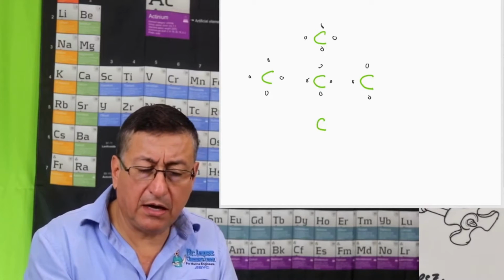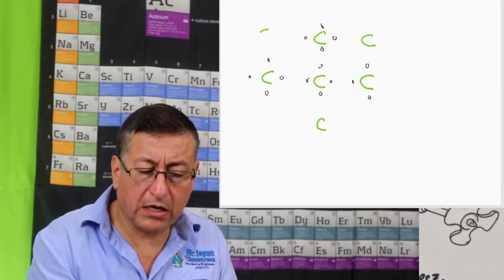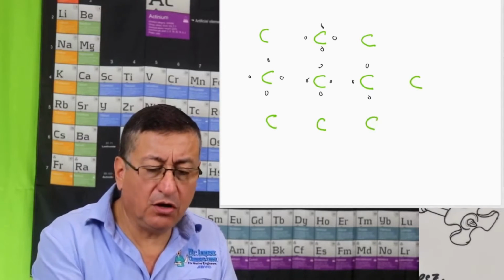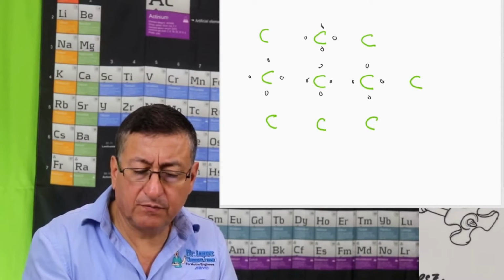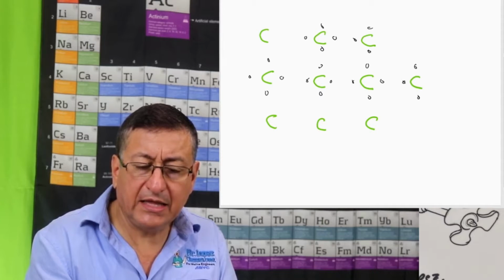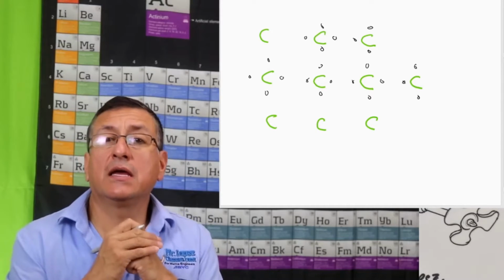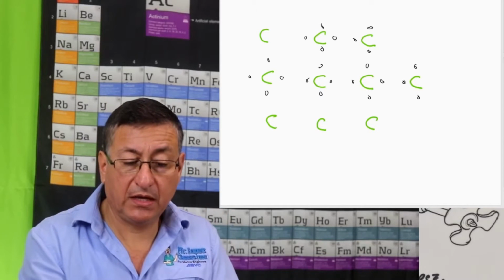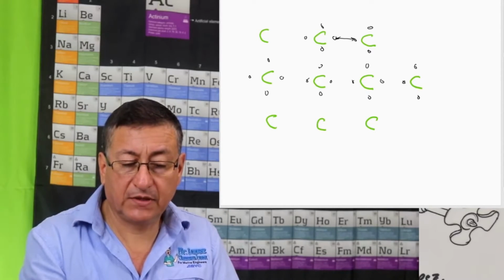What happens if I put more carbons and more carbons and more carbons? All of them have 4 electrons in the last orbit, and they can create covalent bonds between one and the other. They share electrons.